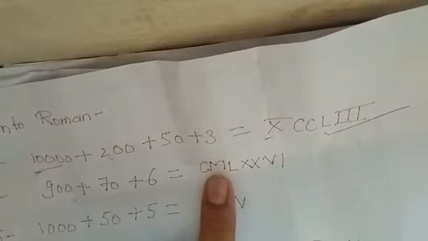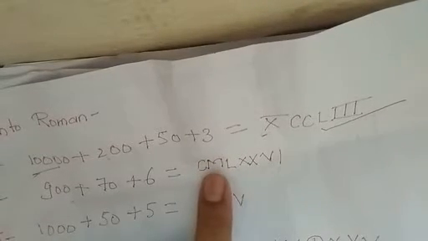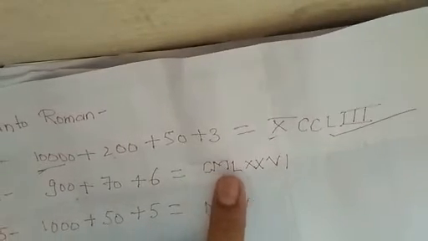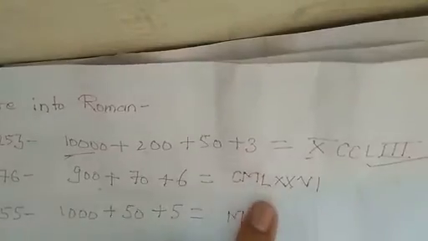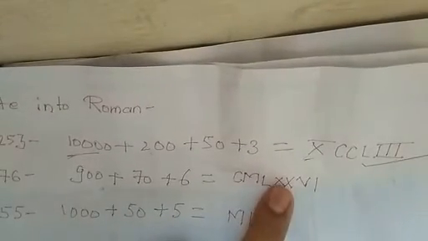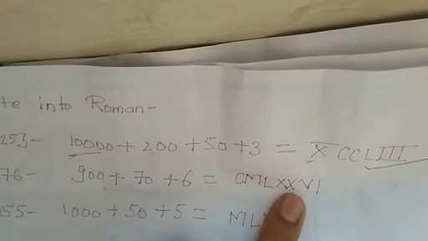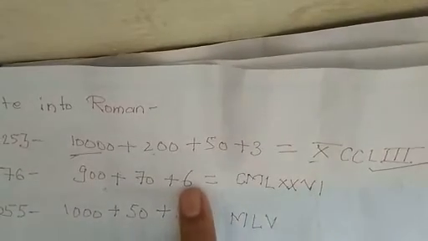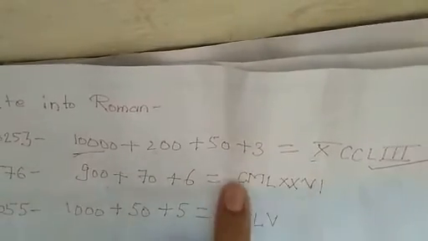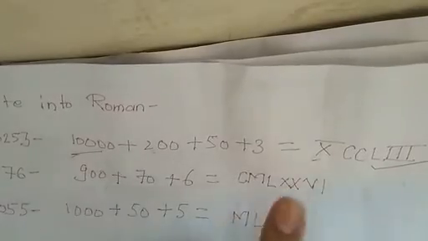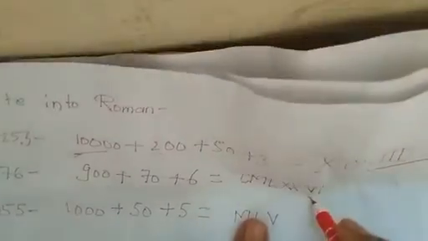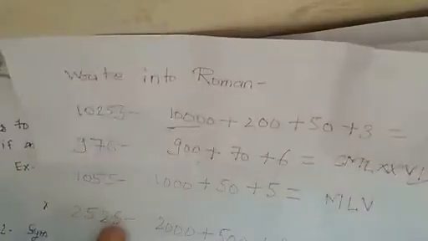So at first you write CM, which shows 900, and 70 means 50 plus 20, L plus X plus X. Okay. And what is the Roman number of 6? VI. So it is CMLXXVI. Is that clear? Okay. Next question.